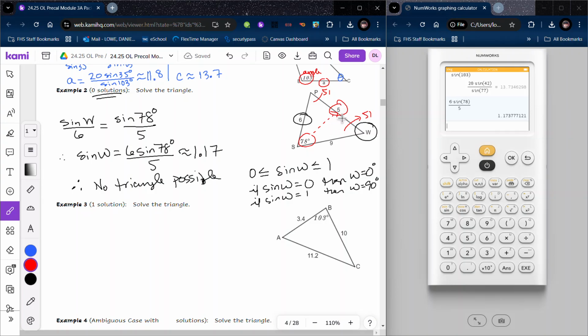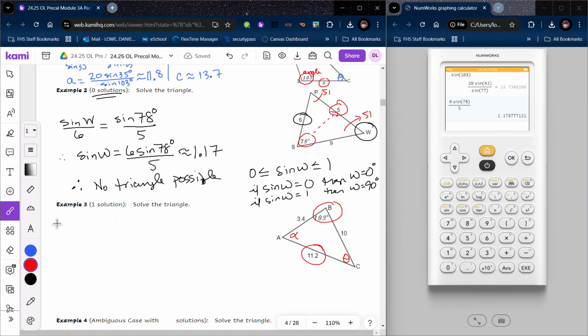For our next example, we're going to solve this triangle, and we have our given situation. So we look to see our ratios, and we know that we're looking for opposite pairs. Let's say I call this angle alpha and I call that angle theta.